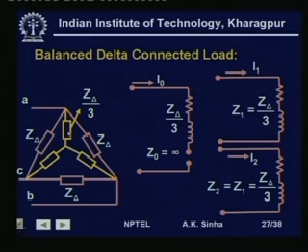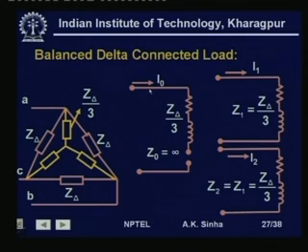Now, if we see this again, we find that Z0 will be equal to Z delta by 3 plus Zn, and since there is no Zn connected, because the neutral is ungrounded, this is open. That means Zn is infinity, so Z0 is infinity, an open circuit.